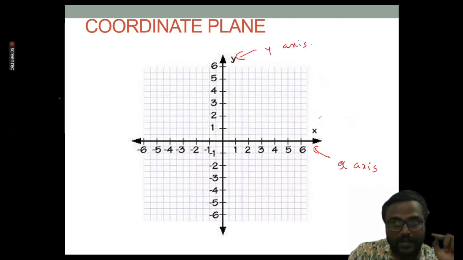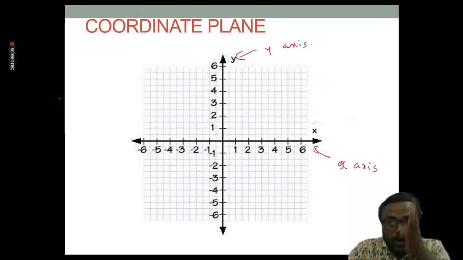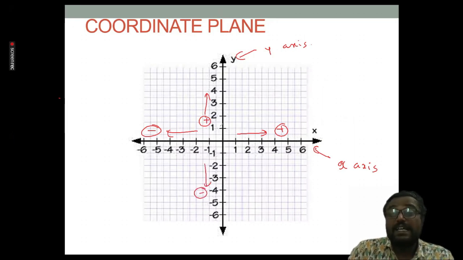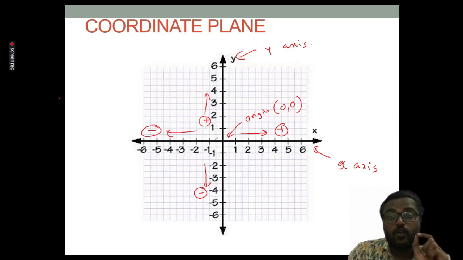The x-axis is the horizontal axis, the y-axis is the vertical axis. This side is the positive side of the x-axis. This side is the negative side. The top side is the positive side of the y-axis, and this is the negative side of the y-axis. This is known as the origin, which has the coordinates 0, 0.